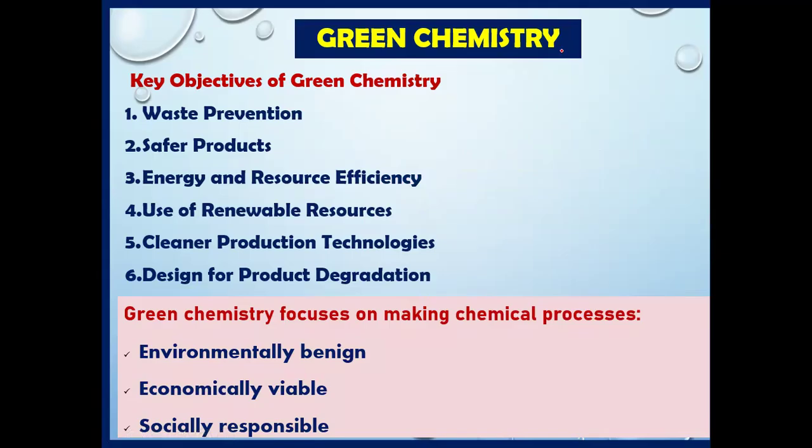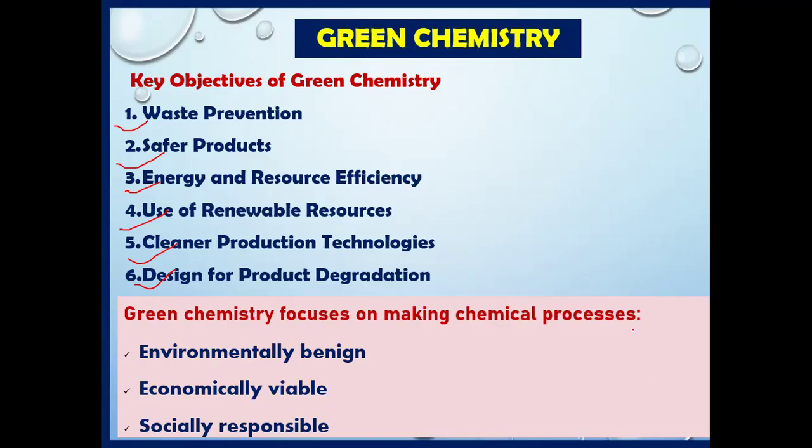So the basic key objectives of green chemistry include waste prevention, safe products, energy and resource efficiency, use of renewable resources, cleaner production technologies, and design for product degradation. That means designing such products that degrade easily in the environment, so no accumulation of these types of products in the environment takes place.